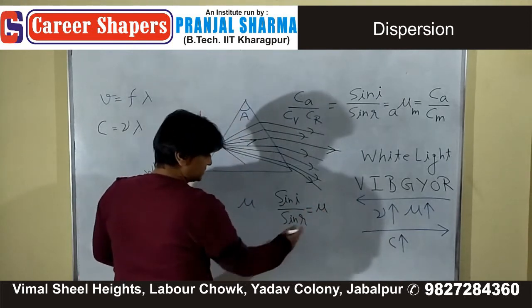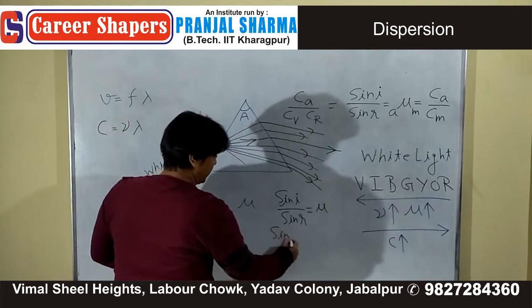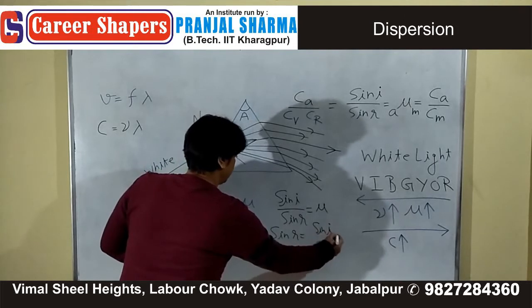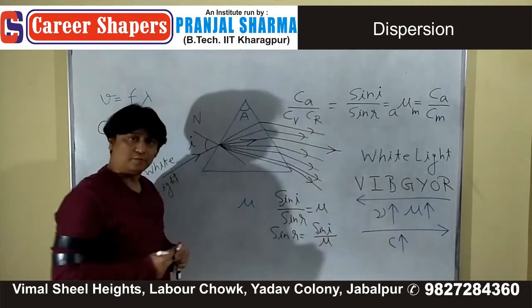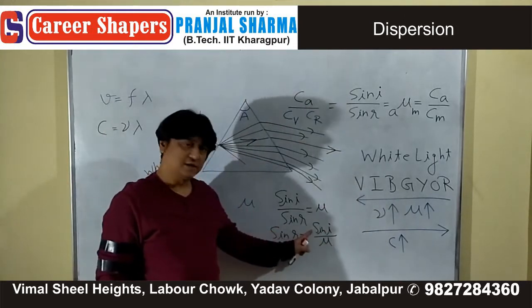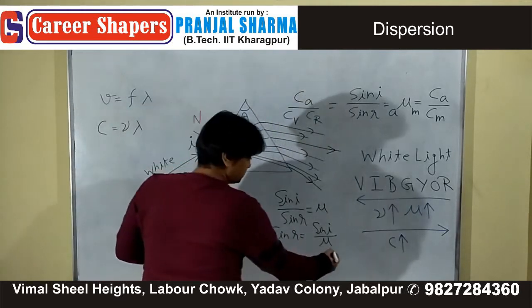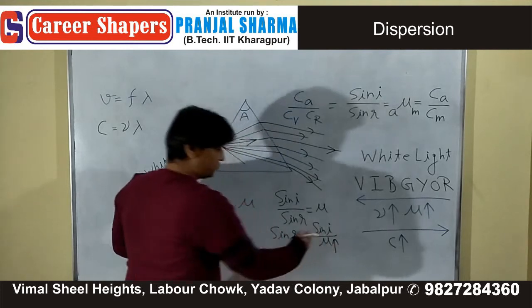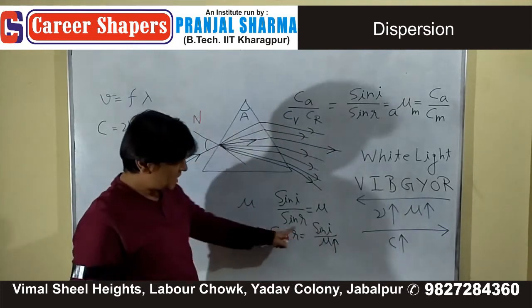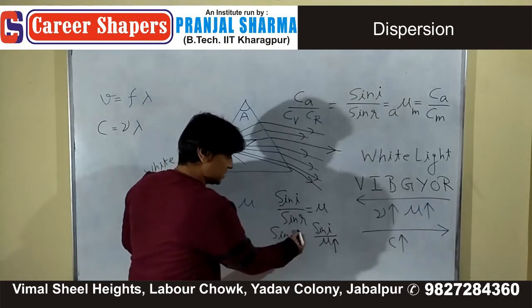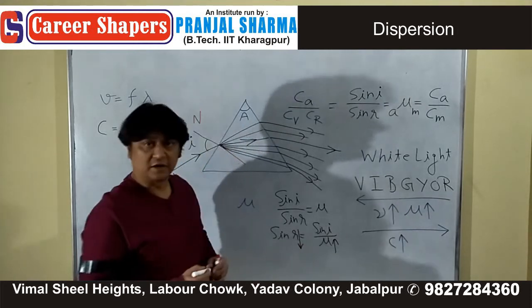We are interested in sin R, so let's write down sin R. Sin R is sin I divided by mu. Now, the numerator is the same for all these colors. If you increase mu, then this sin R must decrease. If sin R decreases, that means your R decreases.